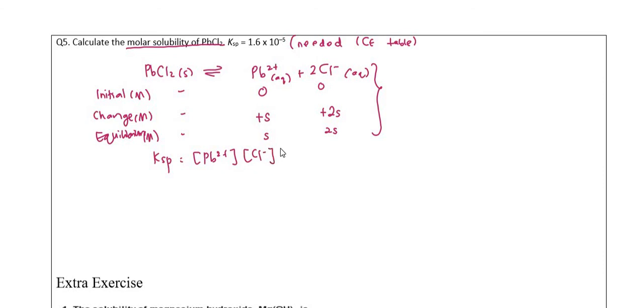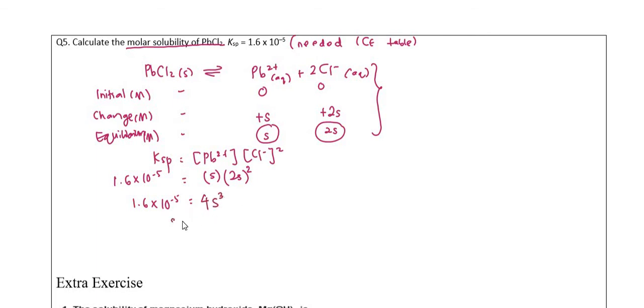Okay, Cl minus power is 2. So, substitute the value 1.6 exponent negative 5. Pb concentration refers to the row equilibrium here, s. This is 2s, squared, don't forget. So, here 1.6 exponent negative 5 equals 2s squared, which becomes 4s squared. 4s squared multiplied by s will become 4s cubed.